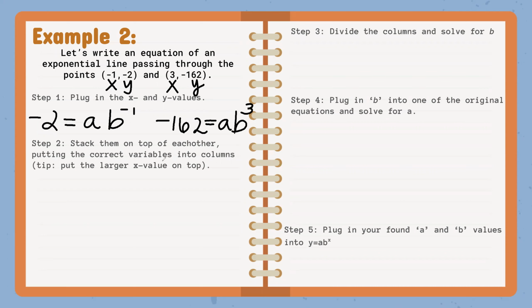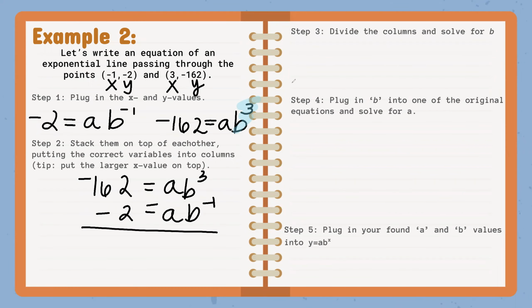Next step is to stack them on top of each other. I know that I want my larger x on the top, and that's this one. And so I'm going to put that one on top. And I'm going to stack the other one beneath it.